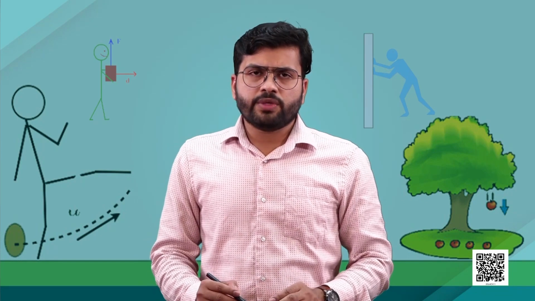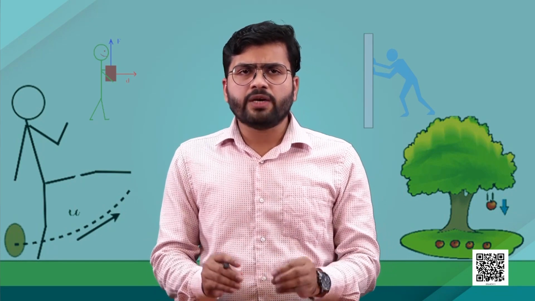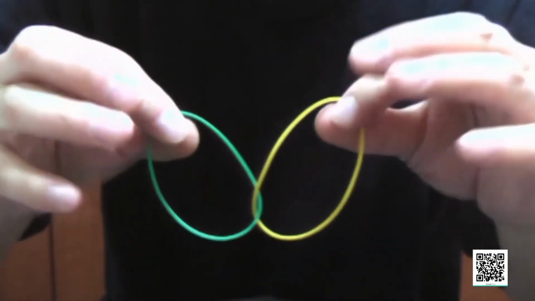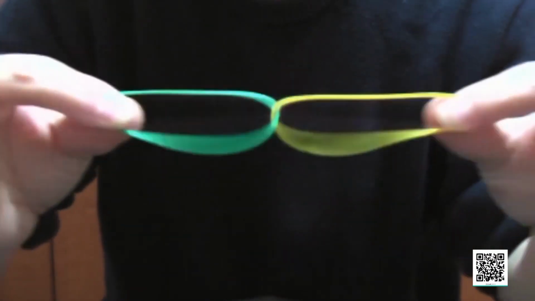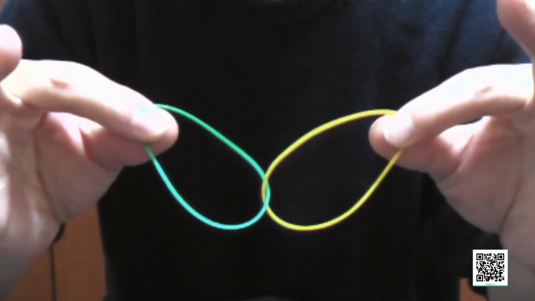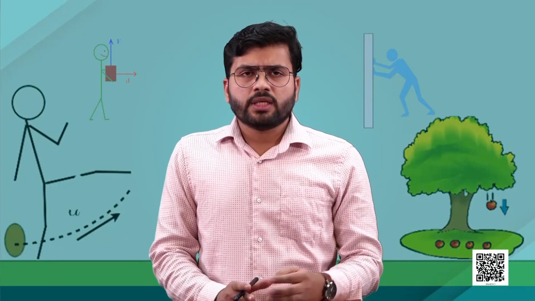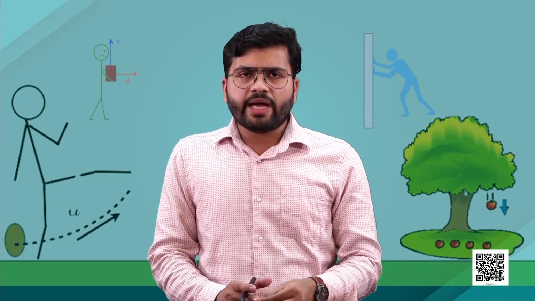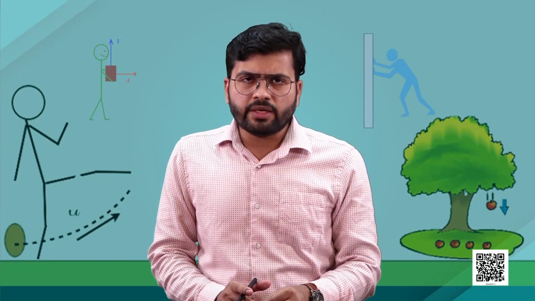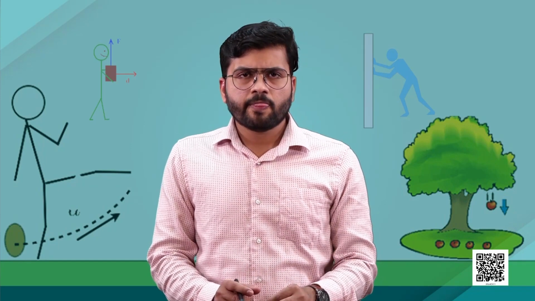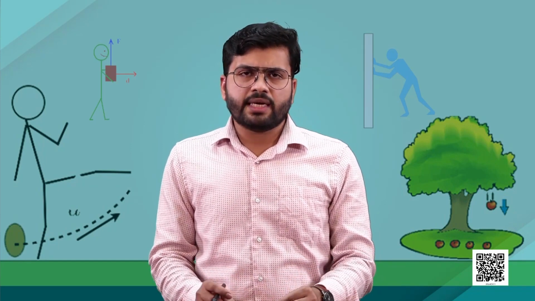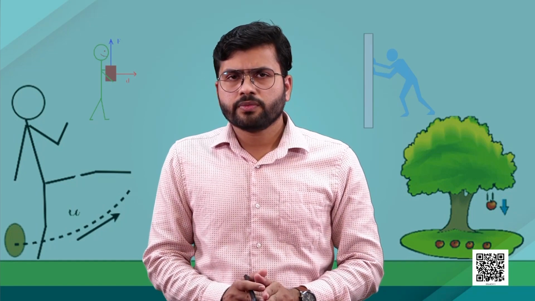Another situation: you must have played with a rubber band. When you stretch a rubber band, you apply some force, that means work is done on that rubber band. Due to the work done, the rubber acquires an amount of energy inside it, and the moment you release it, the rubber comes back to its initial position.